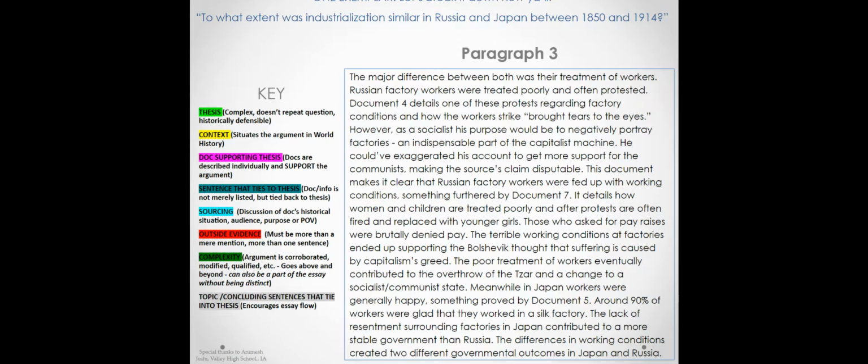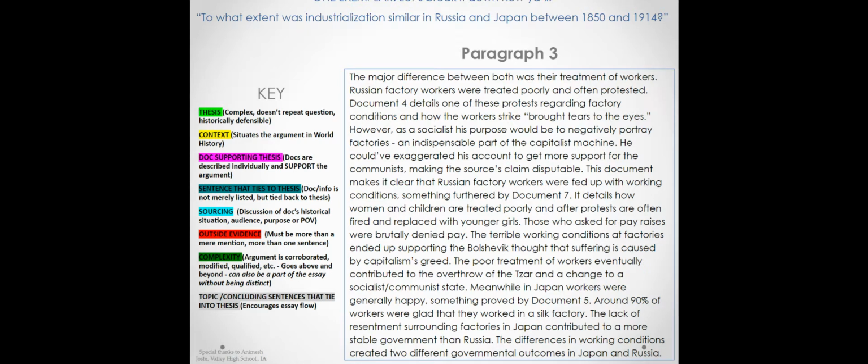This document makes it clear that Russian factory workers were fed up with working conditions, something furthered by document 7. It details how women and children are treated poorly, and after protests are often fired and replaced with younger girls. Those who asked for pay raises were brutally denied pay. The terrible working conditions of factories ended up supporting the Bolshevik thought that suffering is caused by capitalism's greed.